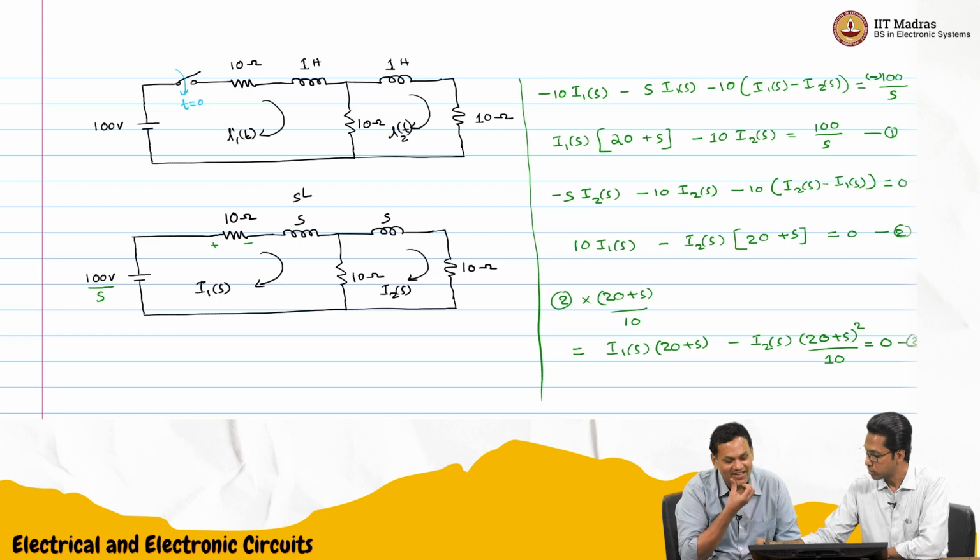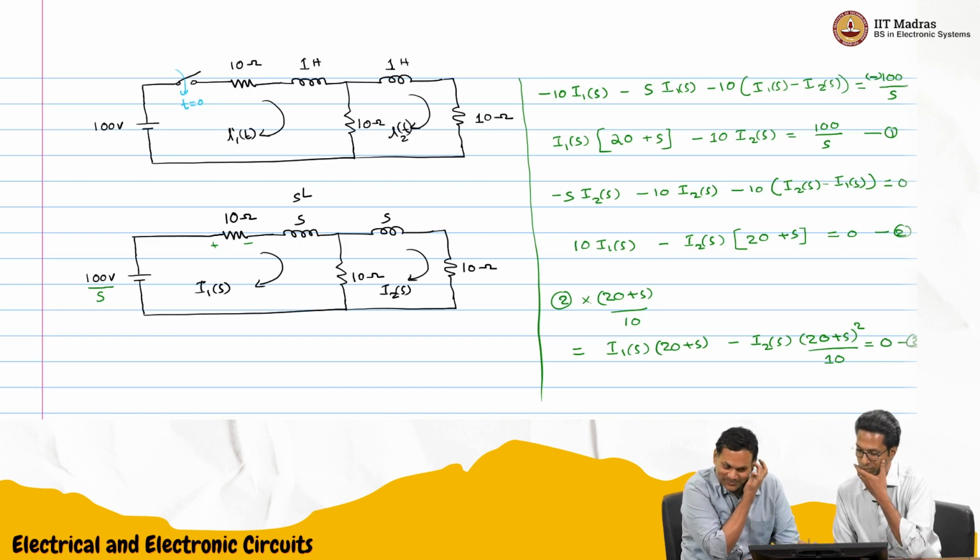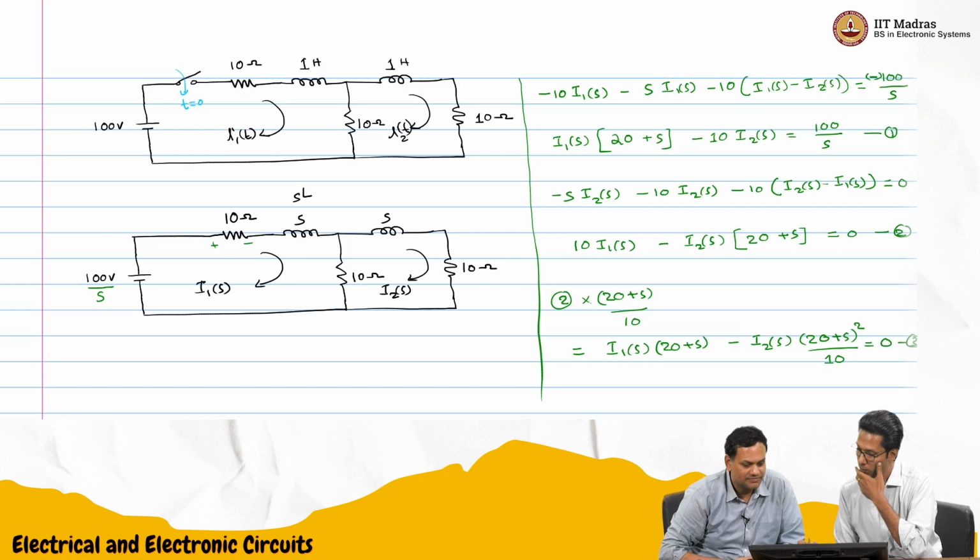So this is the third equation. Now what we will do: 1 minus 3.